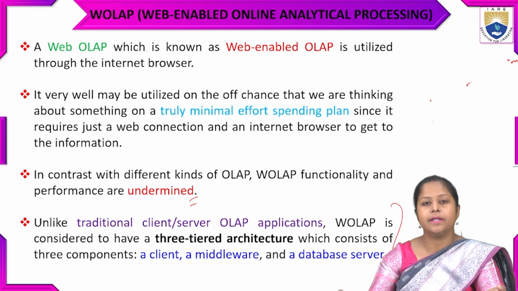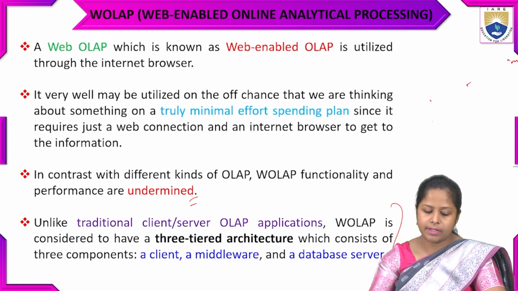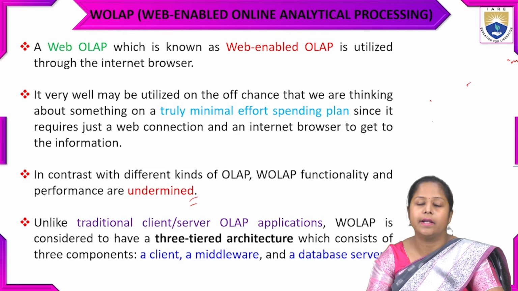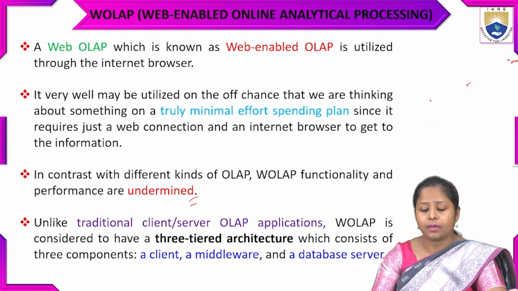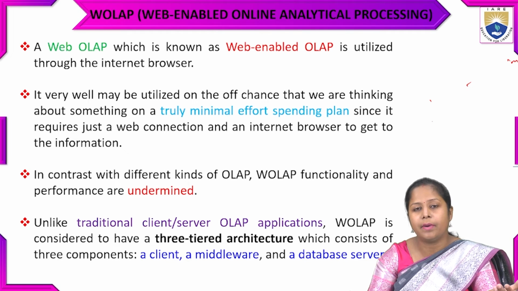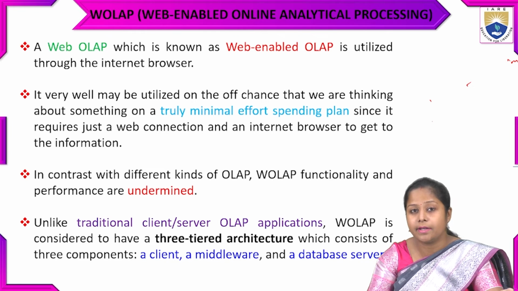So unlike the traditional client server model OLAP applications we have used, the WOLAP is considered to have a three tier architecture. The three we have covered, the MOLAP, ROLAP and HOLAP, also had the three tier architecture.